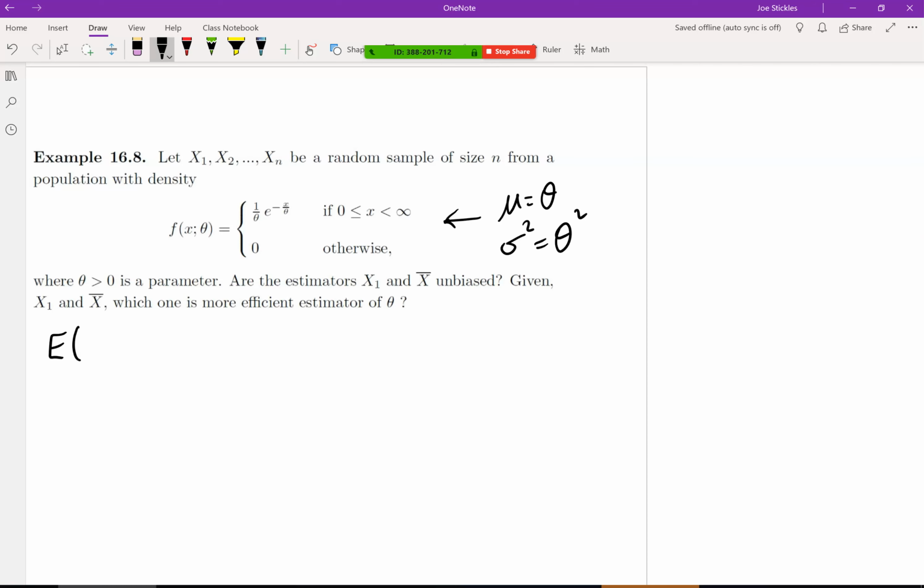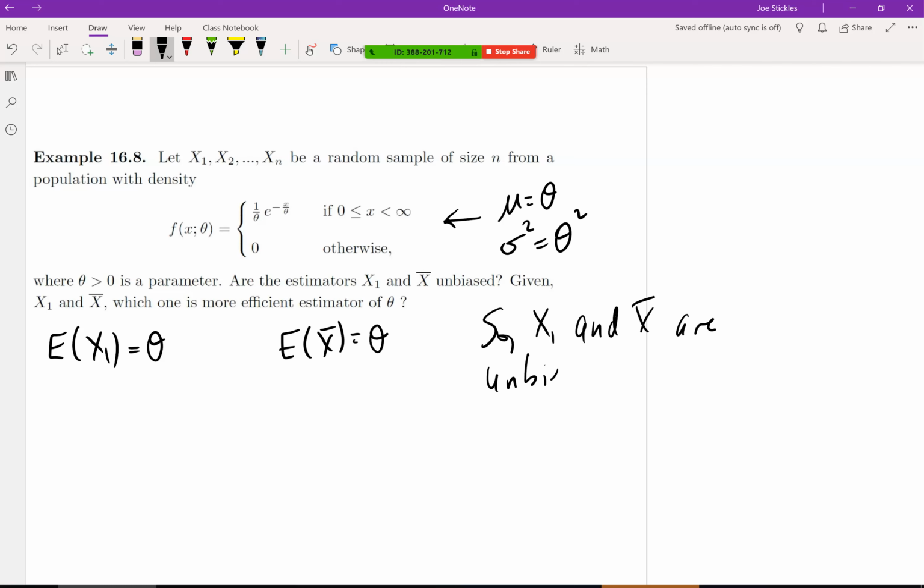So the expected value of x1 should be theta. And anytime we have a sample mean, its expected value is the same as the expected value of the underlying distribution. So x1 and x bar are both unbiased estimators for theta.